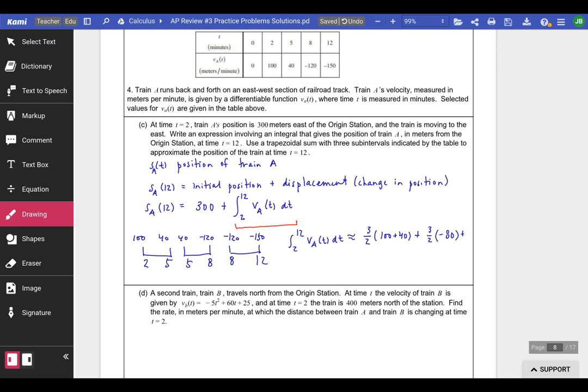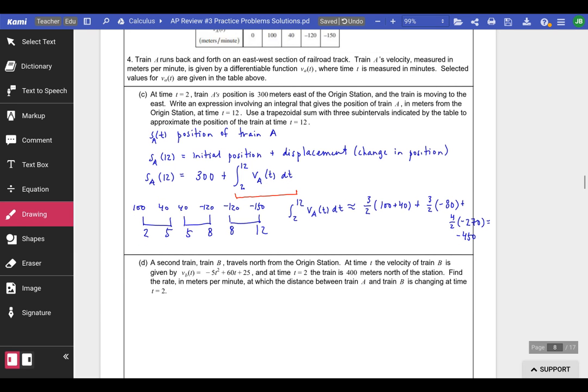And then plus 4 over 2 times negative 120 plus a negative 150, so negative 270, if I did that right. And then I'm going to go to my calculator here. And I get negative 450 here. So now what we've got is an approximation for our integral here.